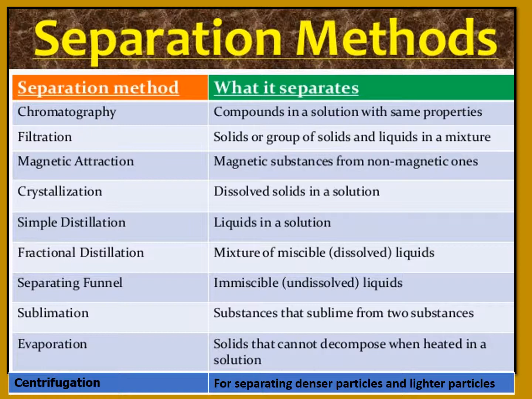Sublimation is another way of separating substances, but it separates only those substances which sublime. Evaporation is used for separating solids that cannot decompose when heated in a solution. Centrifugation is used for separating denser particles and lighter particles.